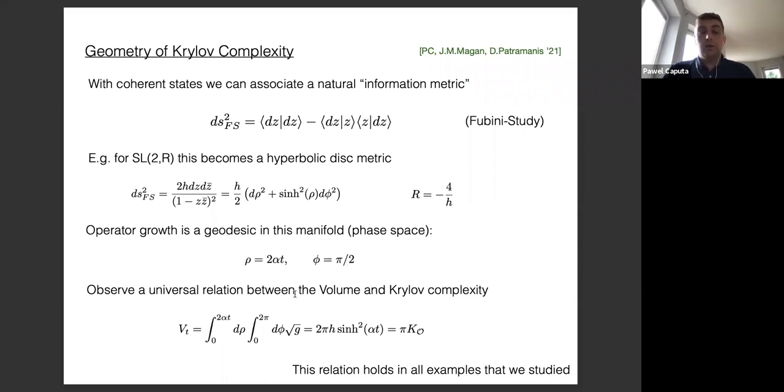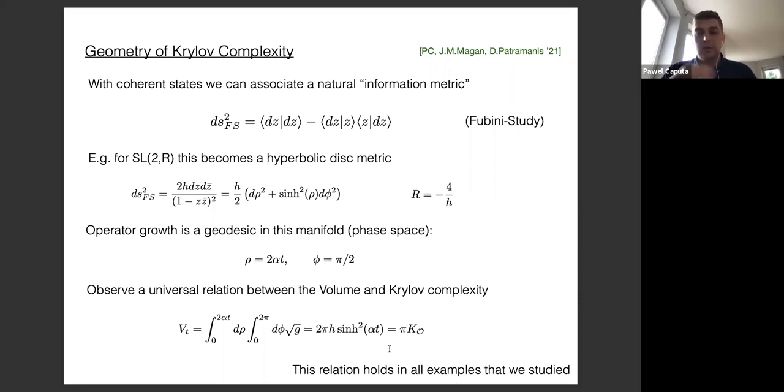Moreover, we can observe a universal relation between this Krylov complexity that I defined before and the volume in this geometry. So in other words, if we compute the volume in this metric up to rho equals 2 alpha t, this is proportional to sinh squared of alpha t. You can check, maybe you remember from the computation of SYK, this volume is nothing but pi times the Krylov complexity of operator O. And this geometric interpretation holds in all the examples that we studied.